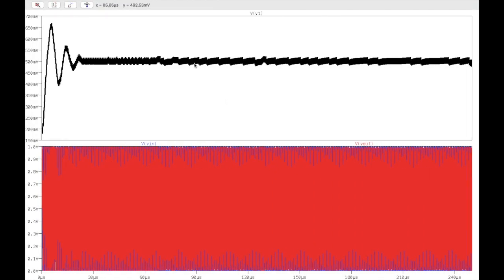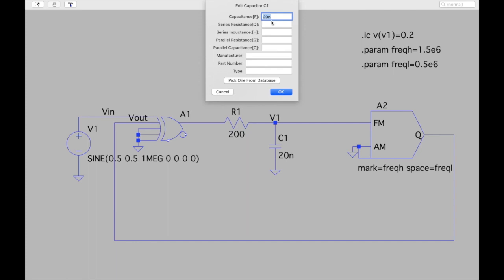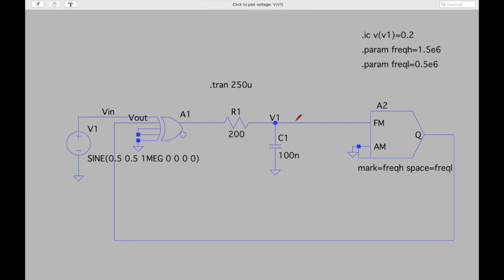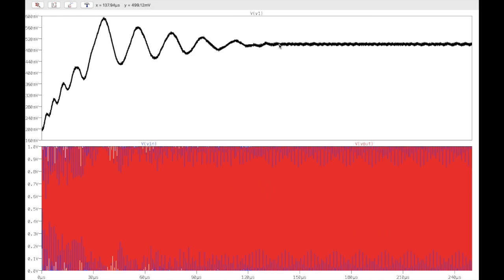I have a lot of ripples here, and the settling time in this case is 24 microseconds. If I increase this C to maybe 100 nano, this V1 ripple voltage is going to reduce, but at the same time we can see that it is taking longer to settle, around 140 or 130 microseconds.